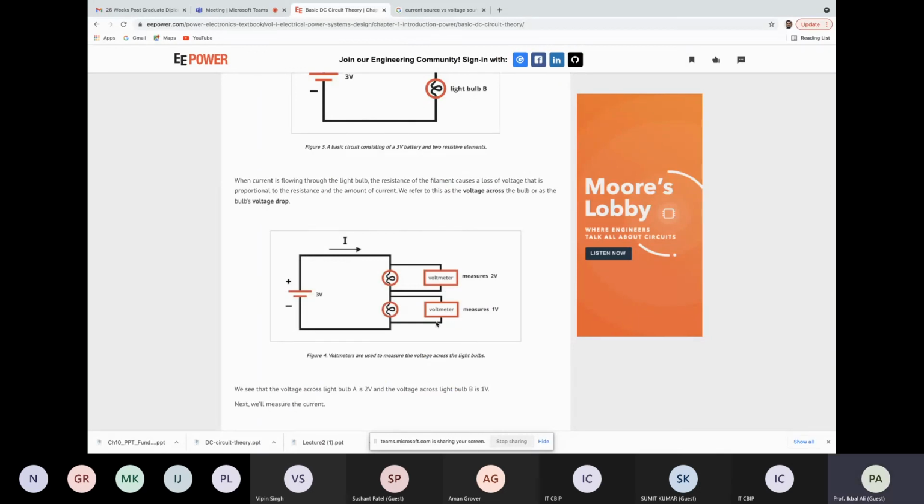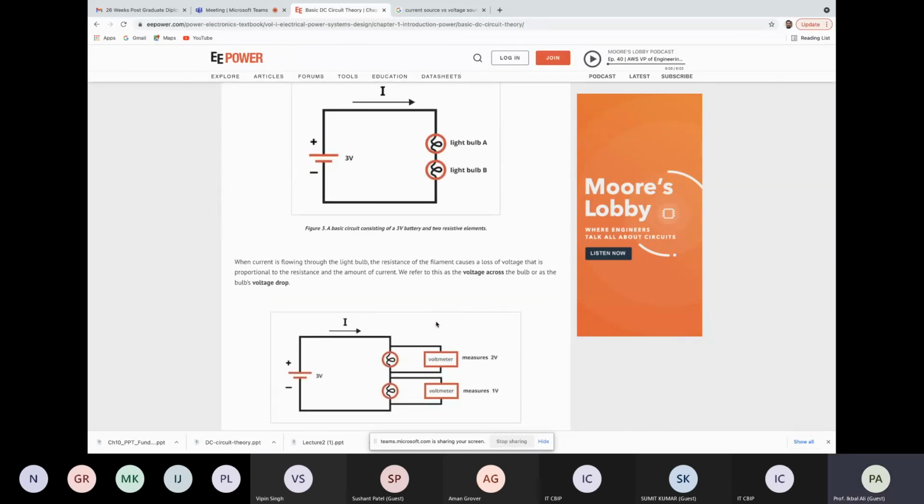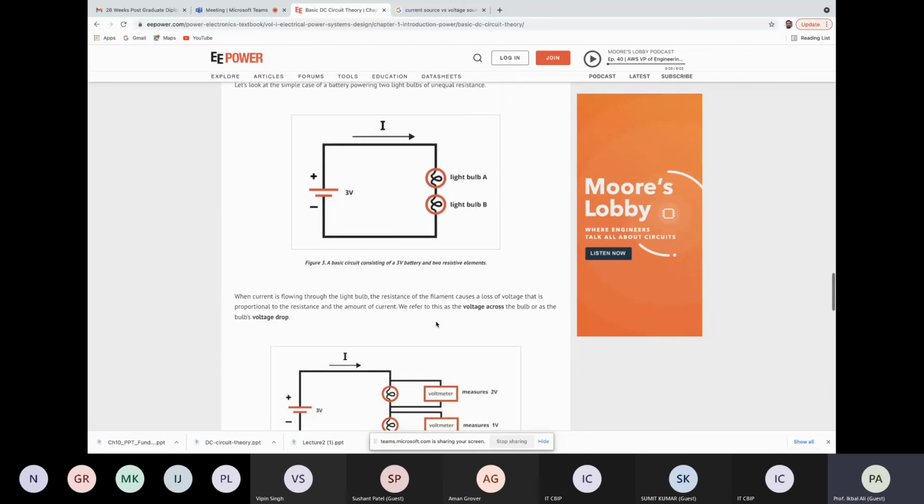And if you want to measure voltage, because whenever current flows through a resistance, it will drop some of the voltage.